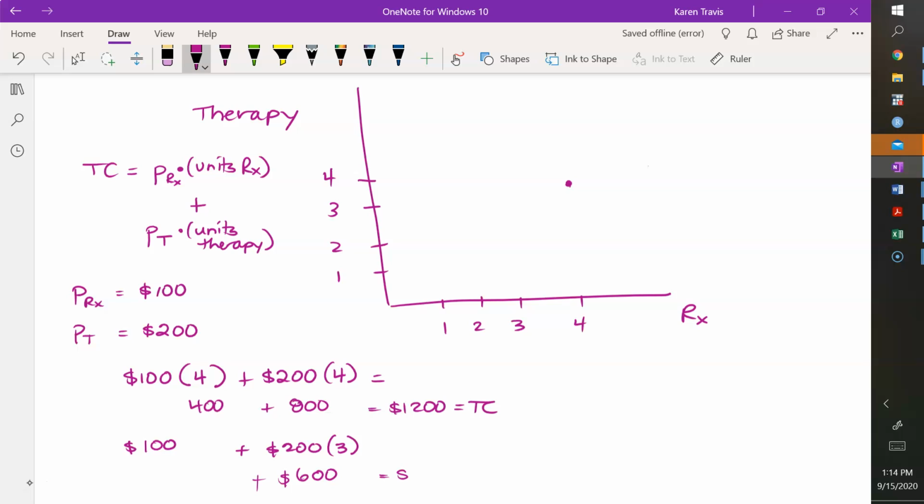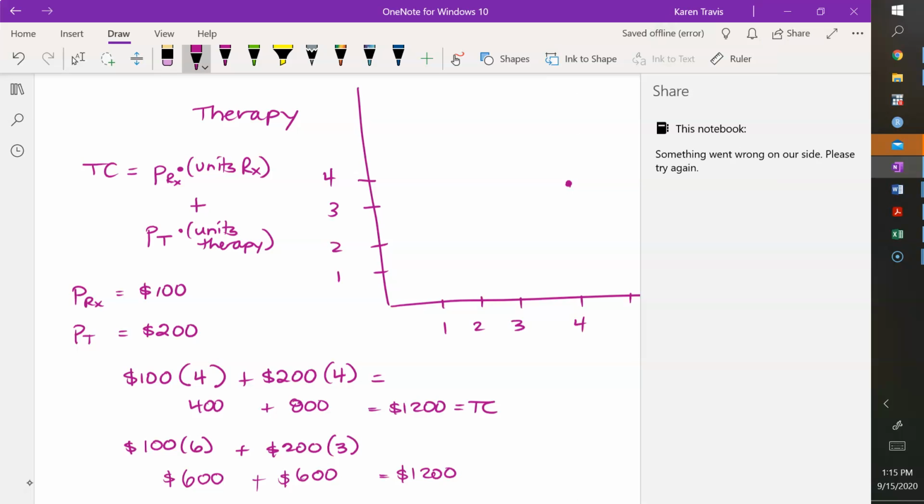In order to be $1,200 again, that means we have more money that would be able to go into prescriptions, and we would be able to afford 6 units of prescriptions for the same $1,200. So if I go to prescriptions at 6 and therapy at 3, it's a point, say, right here. Okay, so as I go along, I can generate a line.